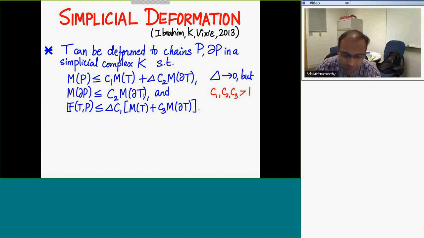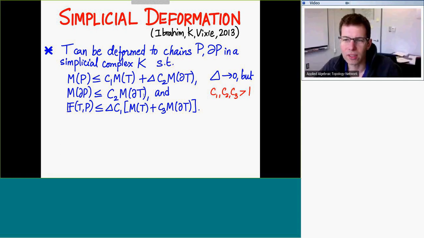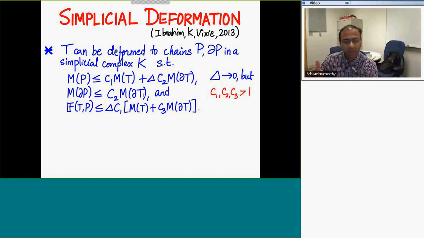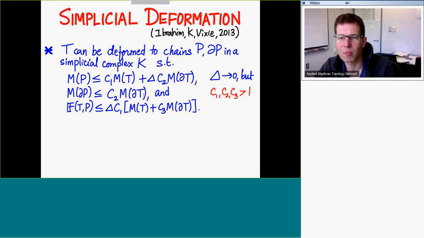Bala, go ahead. Sure. So this flat norm is a definition, but it seems hopeless to actually compute in practice. Is that right? I think we can compute the flat norm in the simplicial setting in codimension 1. The simplicial one might be hopeful, since you have algorithms for computing it. So could you tell us?